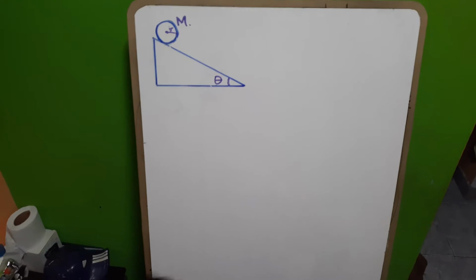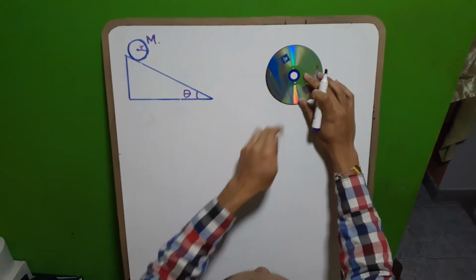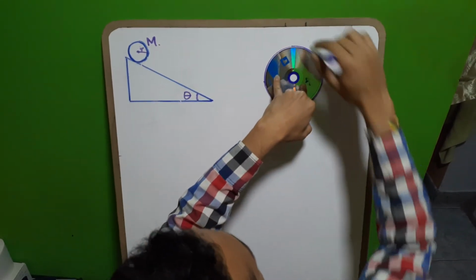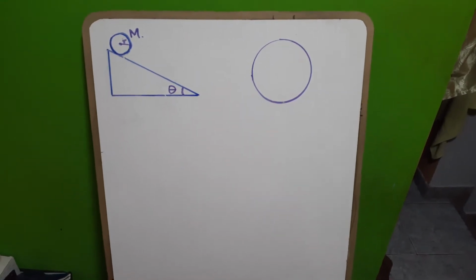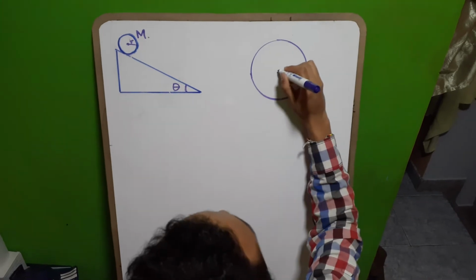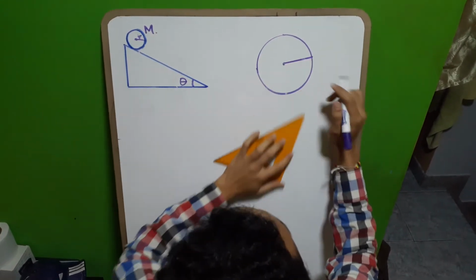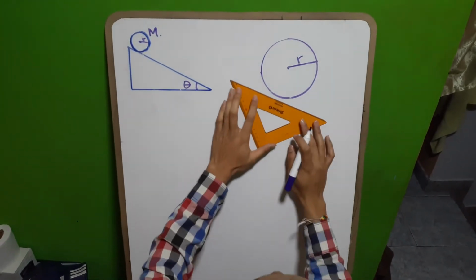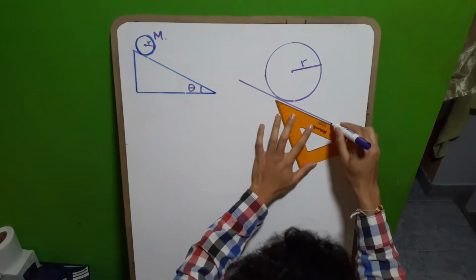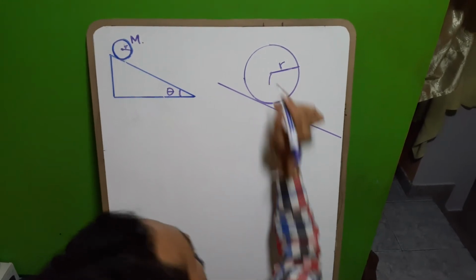This is the cylinder, with the radius, and this is the plane. The first force is the weight.